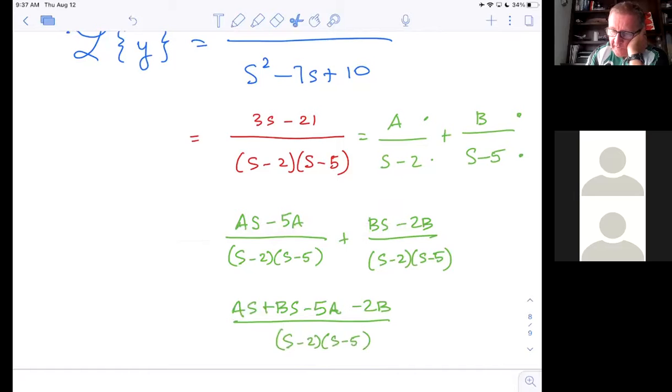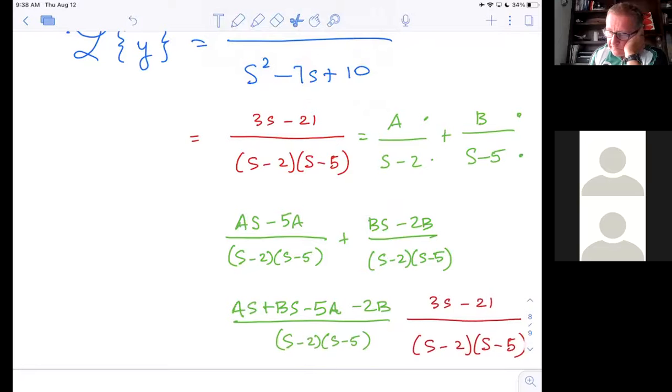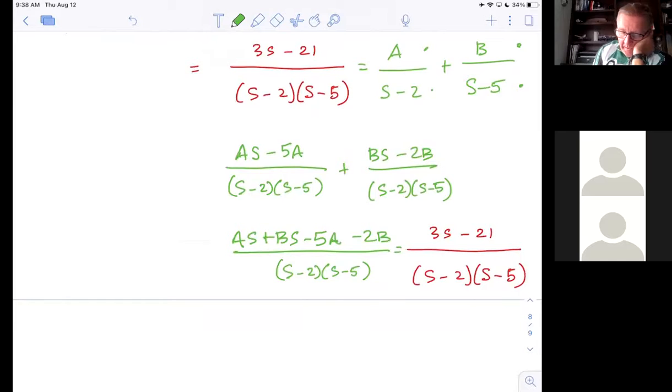And the question is, is it possible for that to be equal to this? Are there some values for A and B that would make that equal? Well, in order for that to work, wouldn't A plus B have to be 3? Isn't that what this tells us?